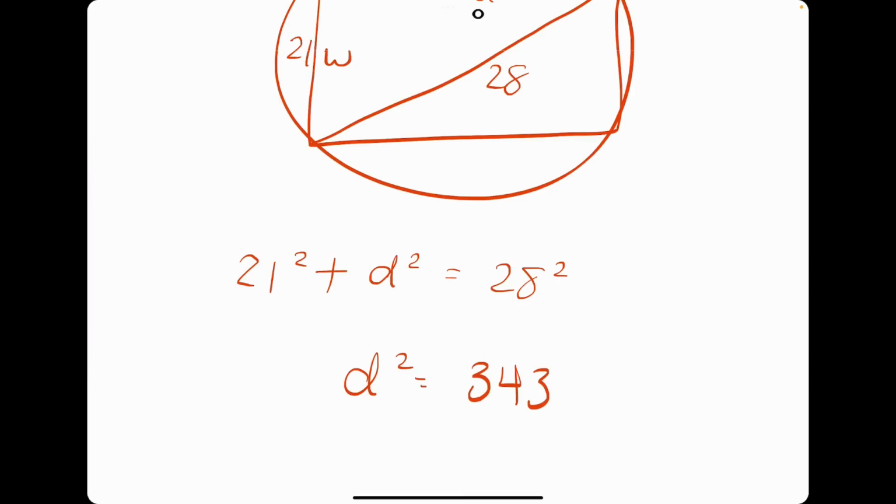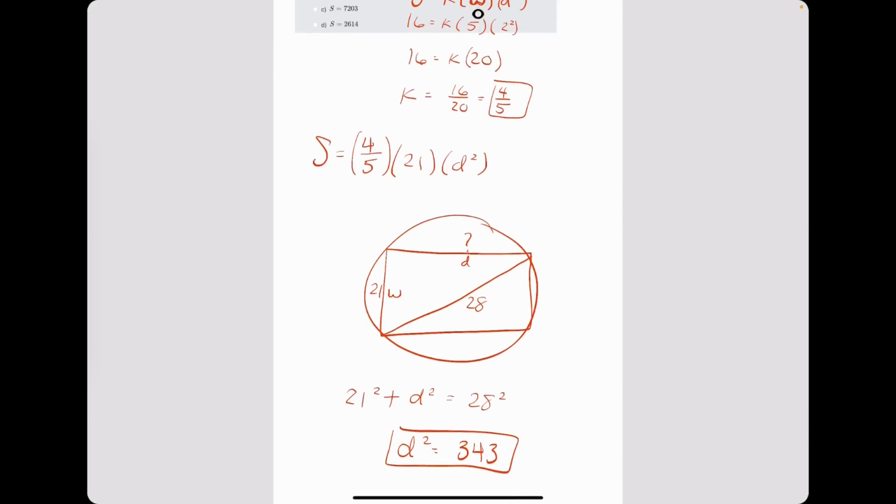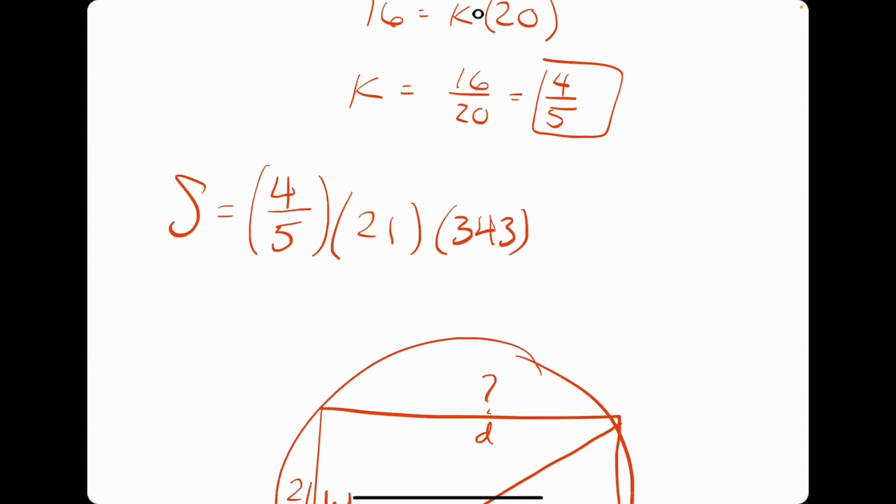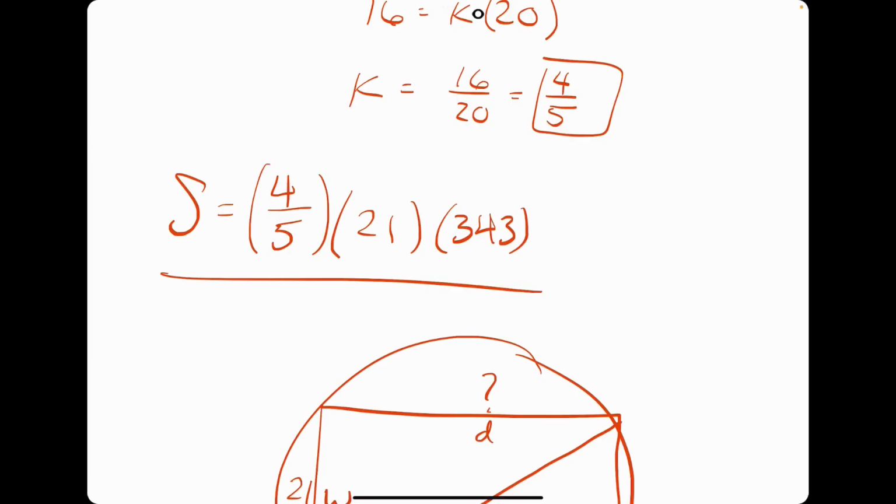And I'm sure the square root of that is something nice, but I don't care. I'm just going to leave it as D squared equals 343. Now, I'm going to use that in place of this D squared, and then I'm going to calculate S. 21 times 343 times 4/5. That would be 5,762.4. Beautiful.